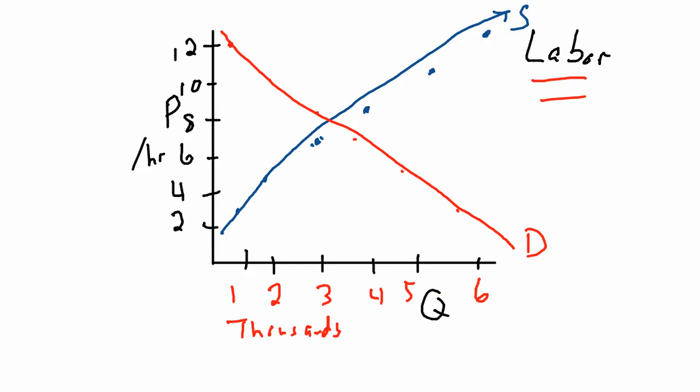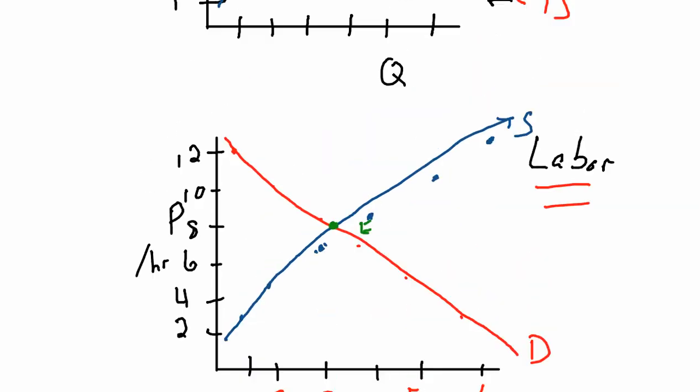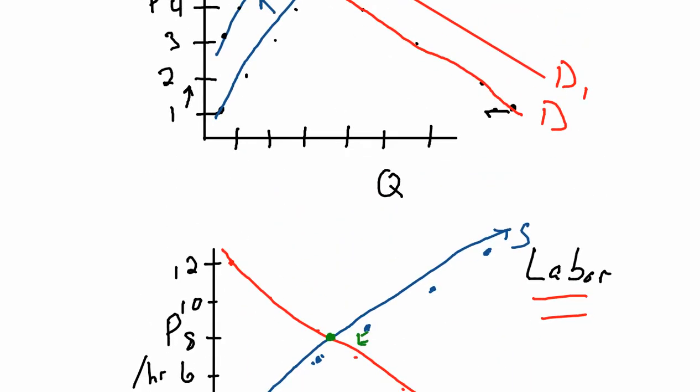Now I just randomly did this, and on our graph here, it comes to about $8 as the equilibrium price for labor, $8 an hour. Okay, that goes along just like a normal example for donuts or whatever. It's got the supply and demand.